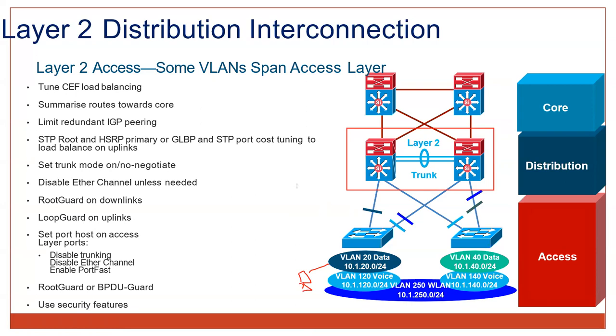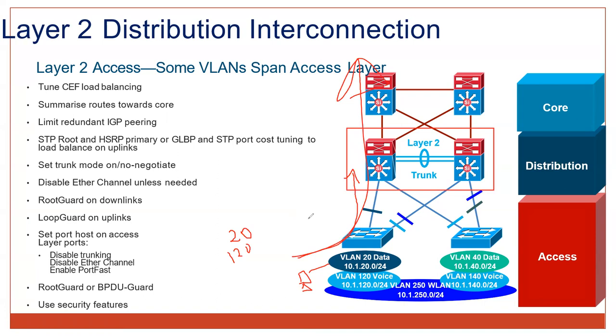So for VLAN 20 and VLAN 120, you can make this switch the primary gateway. We are creating some sort of VIP, virtual IP, for GLBP or HSRP or VRRP. So this can be the gateway. So the traffic for VLAN 20 and 120 will prefer this path.